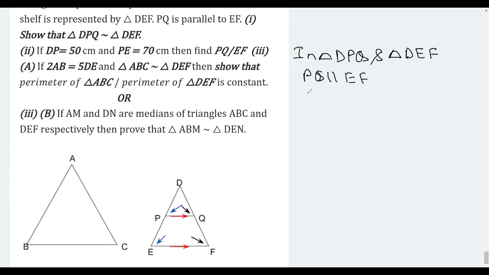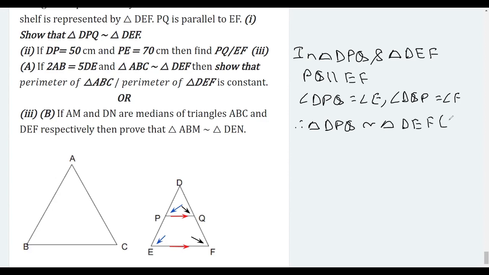So we can say that angle DPQ is equal to angle E, and angle DQP is equal to angle F, and they are equal by corresponding angles. Therefore, triangle DPQ is similar to triangle DEF, and that is by the AA similarity criterion. So we have done the first part here.